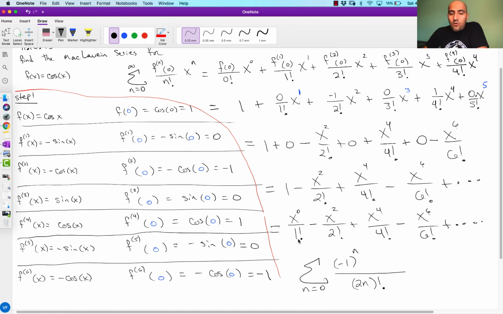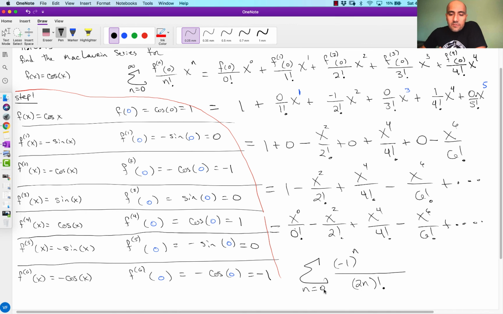I get 0 factorial, which is equal to the same thing as this. So let's change this to be 0 factorial. Either way, this equals 1. Right? X to the 0 divided by 0 factorial is still equal to 1. So that saves our pattern.